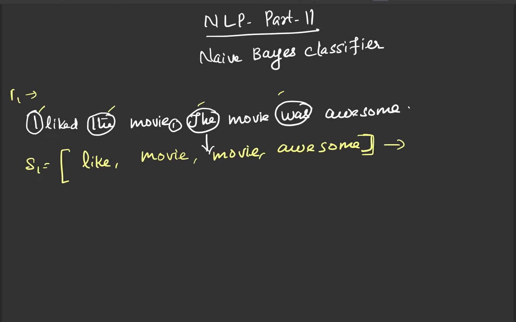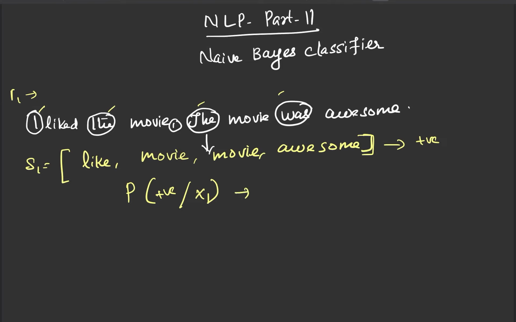So, what do I do on this feature vector? We'll see what the conditional probability is. The conditional probability is the probability of, given it has the word x1, what is the probability that this complete sentence is a positive sentence. How do I calculate this probability value? Using the Bayes formula.